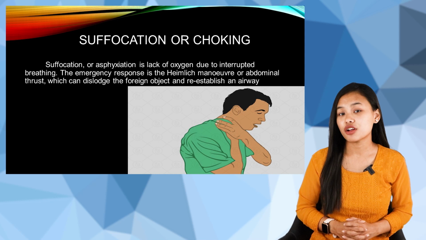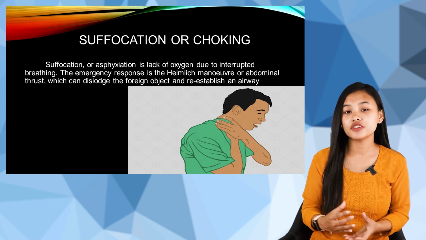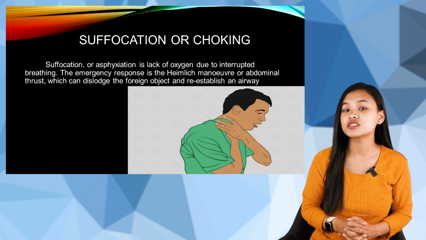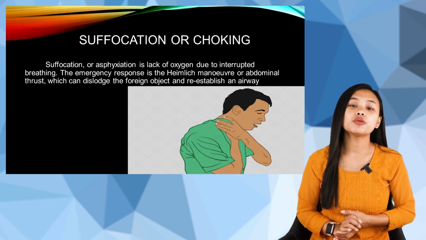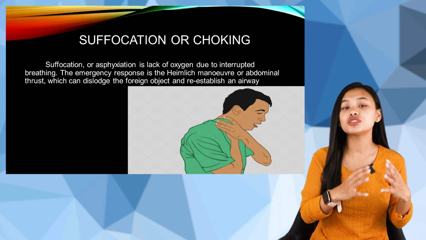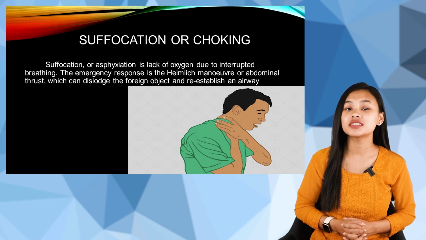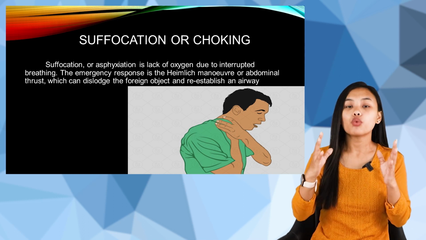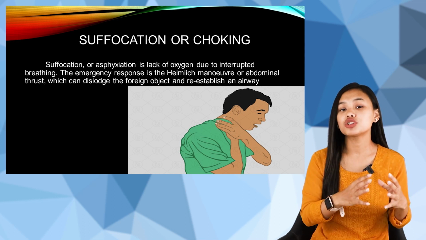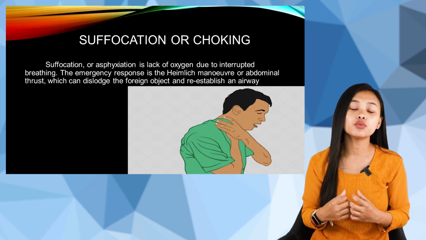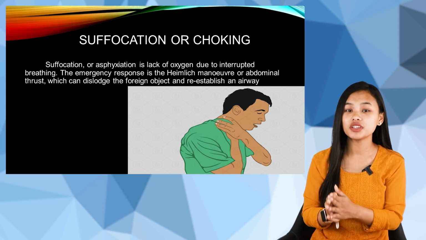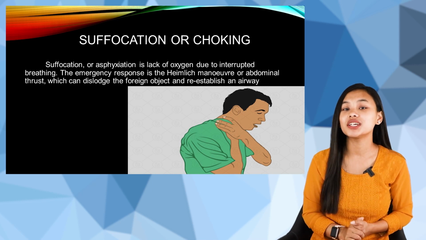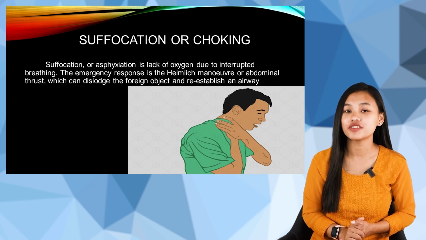So whenever you encounter a client with this condition, the emergency response which you can give is the Heimlich maneuver or the abdominal thrust. Why? Because through this way we can dislodge the foreign object which is causing this interrupted breathing, and when this foreign object is dislodged, then we can again re-establish the airway of an individual.